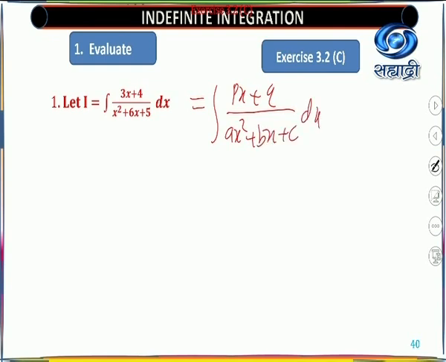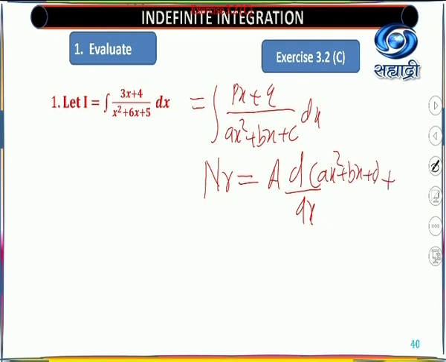For this type of example you already know what to do: numerator is equal to a times the derivative of the denominator, that is ax square plus bx plus c, plus b. The numerator is already px plus q, so you are able to get the values of a and b. So we'll begin with that.